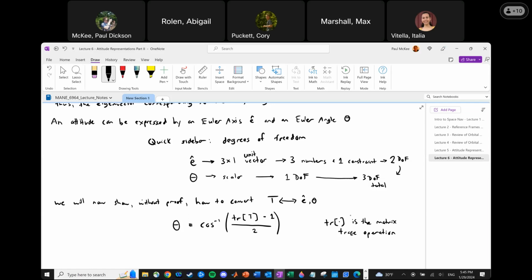So if you take T, you sum all the elements along the main diagonal, subtract 1 divided by 2, inverse cosine, that gives you theta.